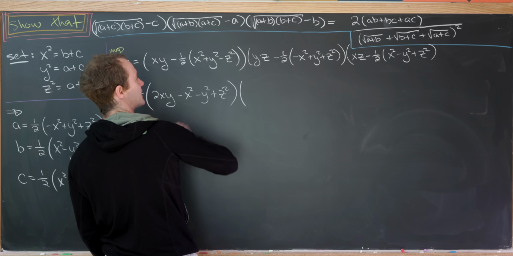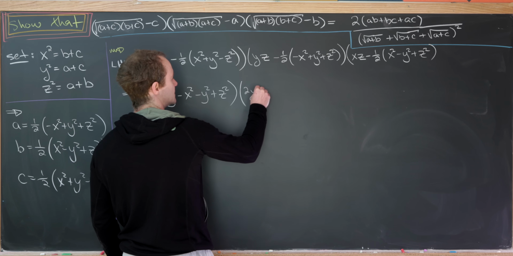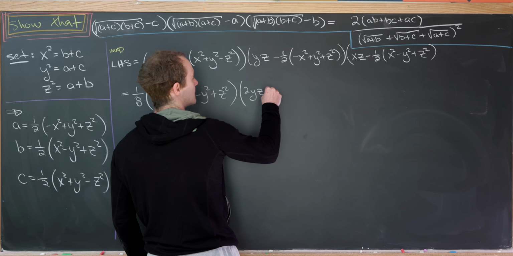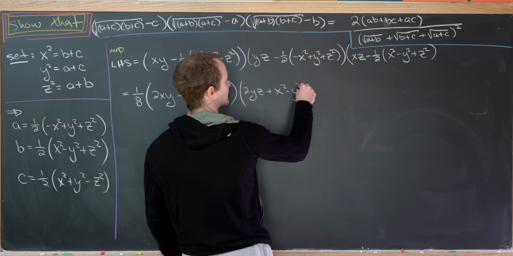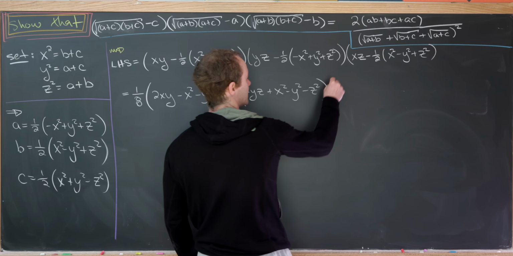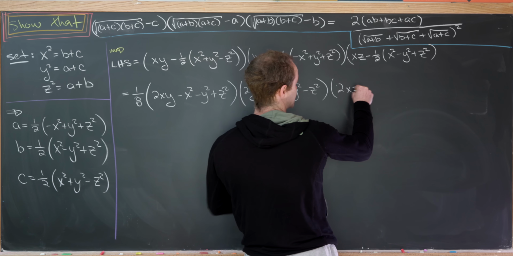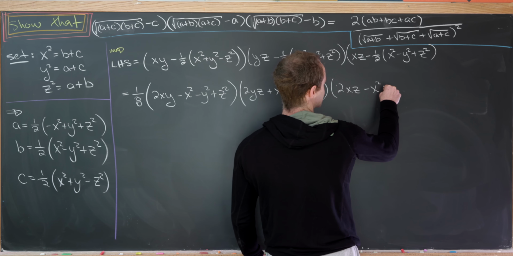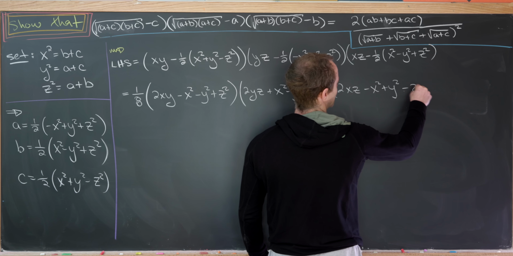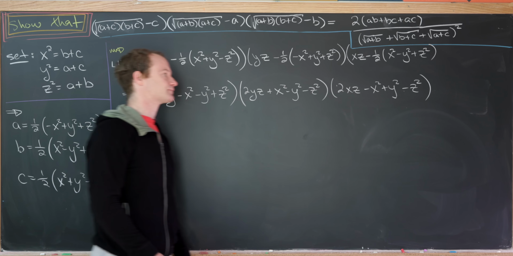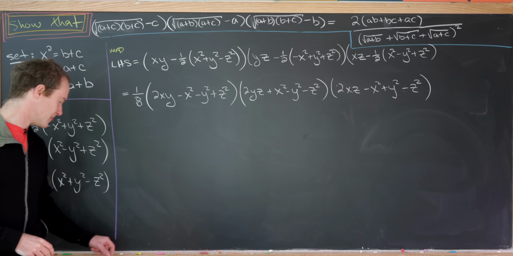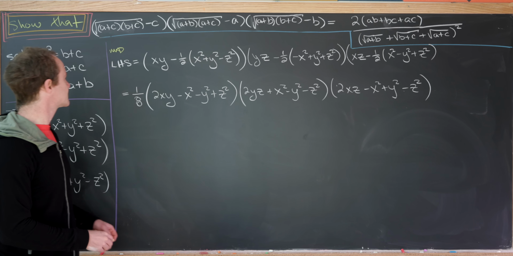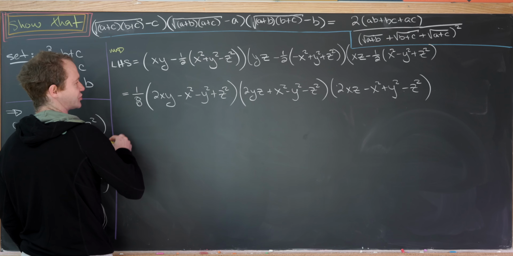And then similar things for the rest of these two terms. So 2yz, and then plus x squared minus y squared minus z squared, and then 2xz, and then minus x squared plus y squared minus z squared. So something like that. And now let's look closely at what's happening for this first term.